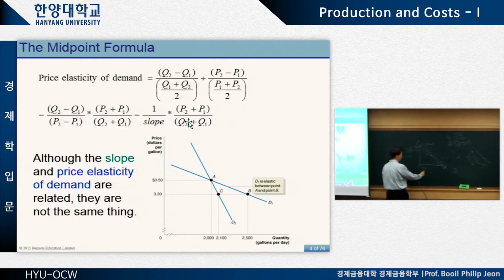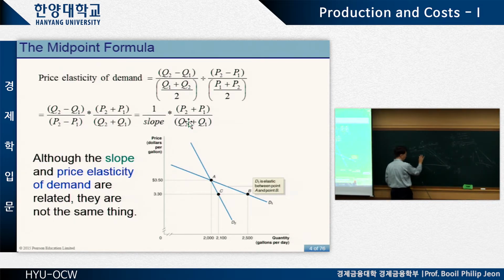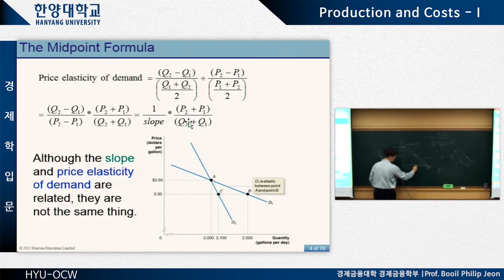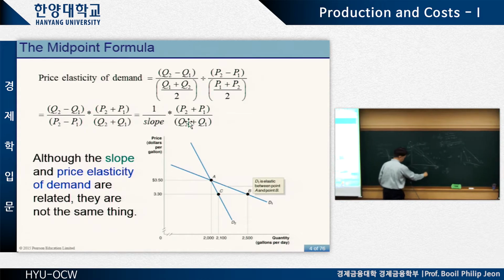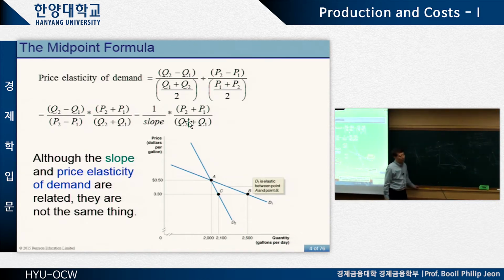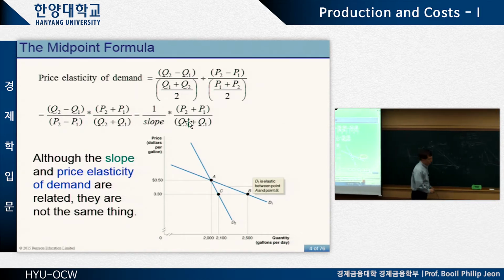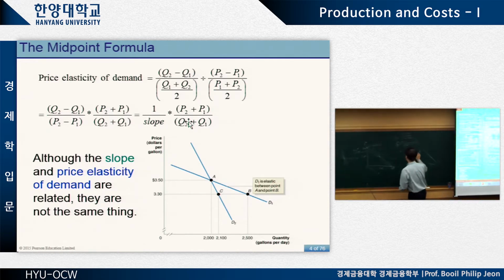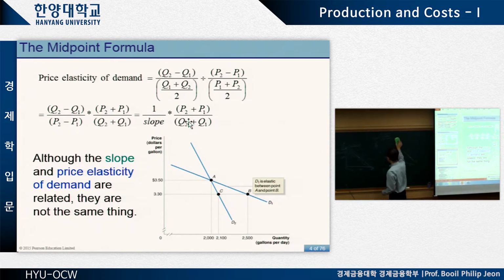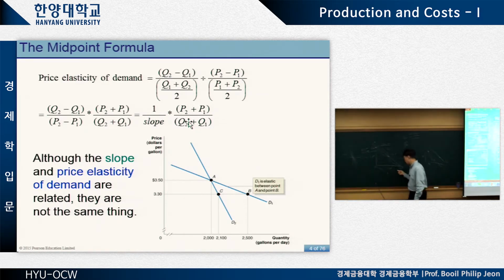Well, if it's the midpoint, this value is 1/2 P star, right? And this value will be 1/2 Q star. Okay? So if you calculate the elasticity at that point, the slope is still P star divided by Q star.